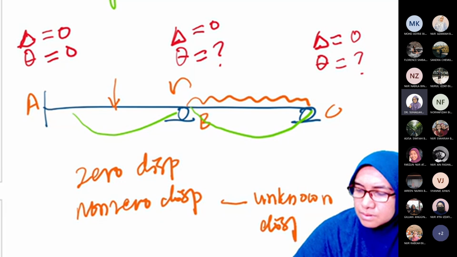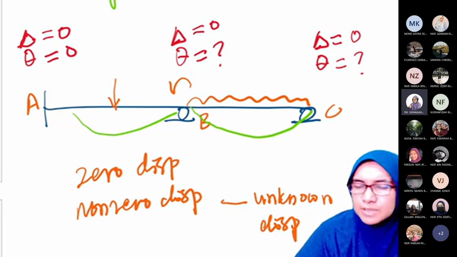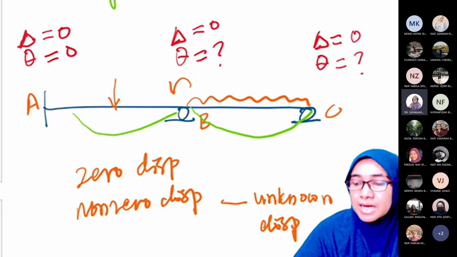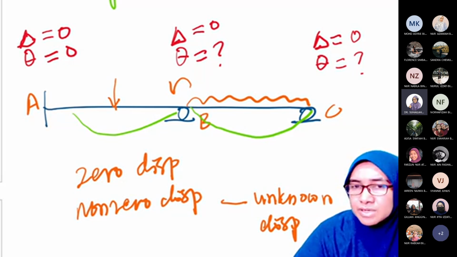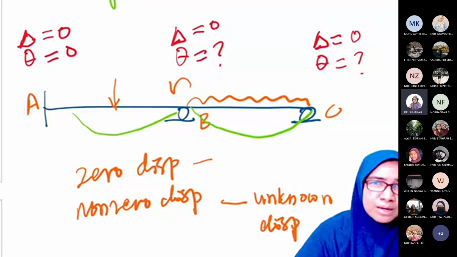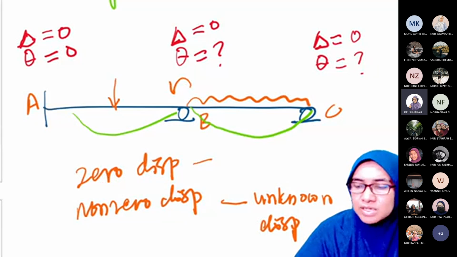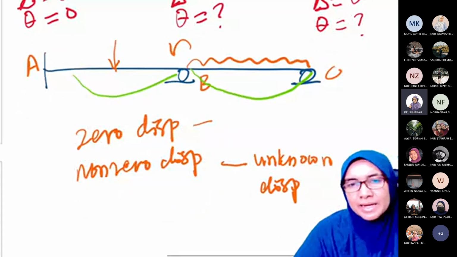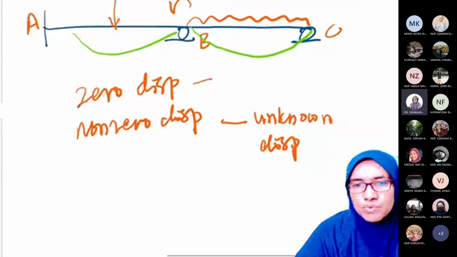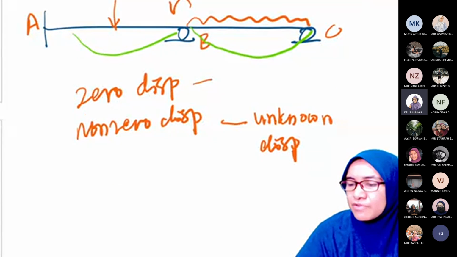Zero displacement apa? Zero displacement means zero displacement dekat mana? Dekat support. Dekat support there's no deflection, there's no displacement. Cuba kita relate back dengan what should we label for degree of freedom.